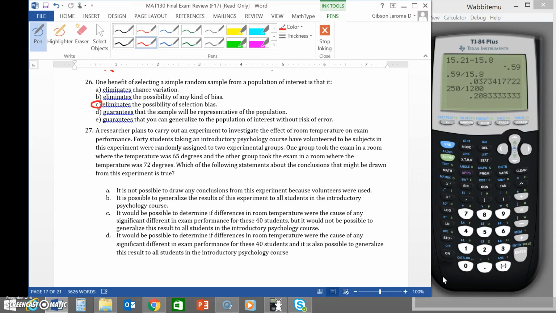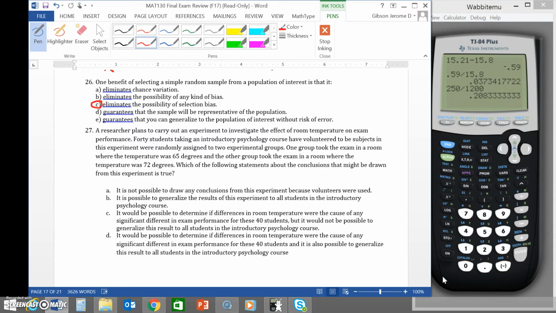Okay, now this problem 27 is actually problem 28 that I had you all cross out and put 27 for. It says a researcher plans to carry out an experiment to investigate the effect of room temperature on exam performance. 40 students taking an introductory psychology course have volunteered to be subjects in this experiment, were randomly assigned to two experimental groups.